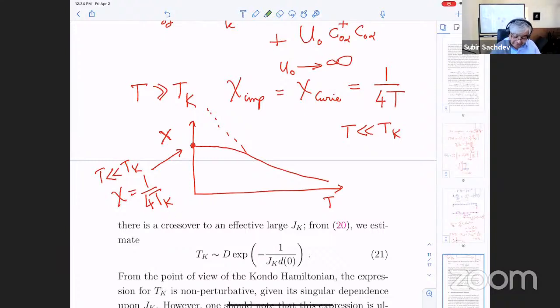And so this temperature scale here is TK. Okay, so now you understand confinement, at least in this very simple model. Well, it's a very interesting and rich model, but there it is. Any questions?